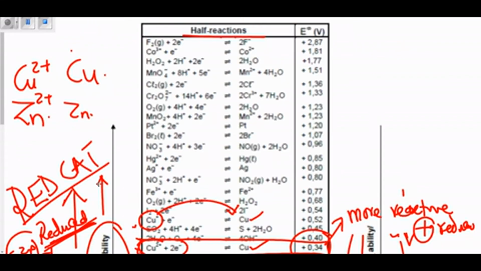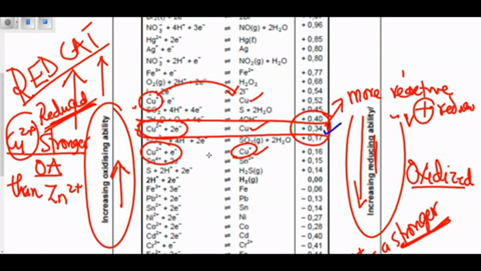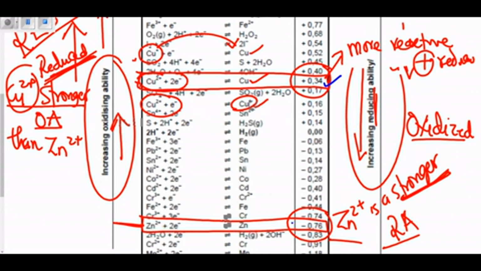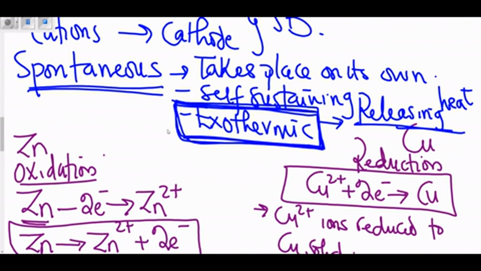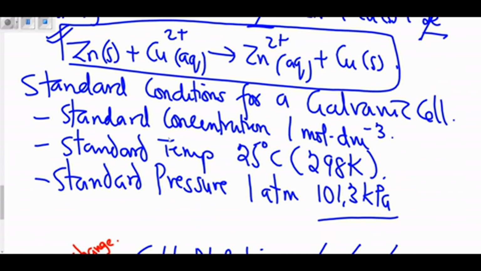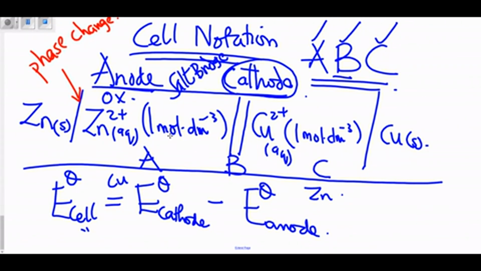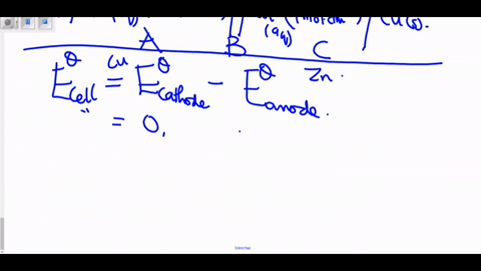Let's see if we can quickly pick that again. Good. Cathode, remember what we're using? 0,34, and our anode negative 0,76. So 0,34, that's our cathode, minus negative 0,76.